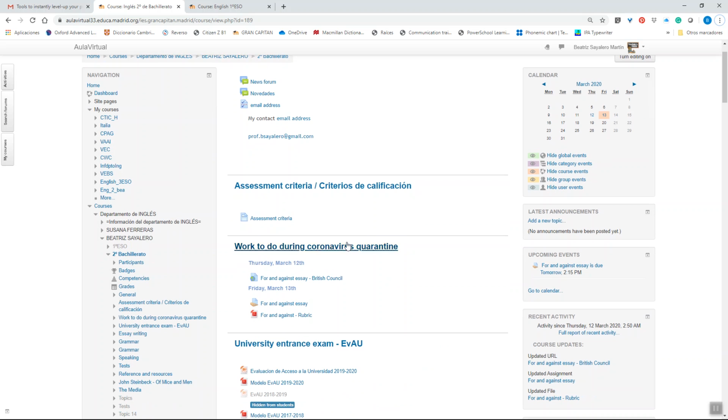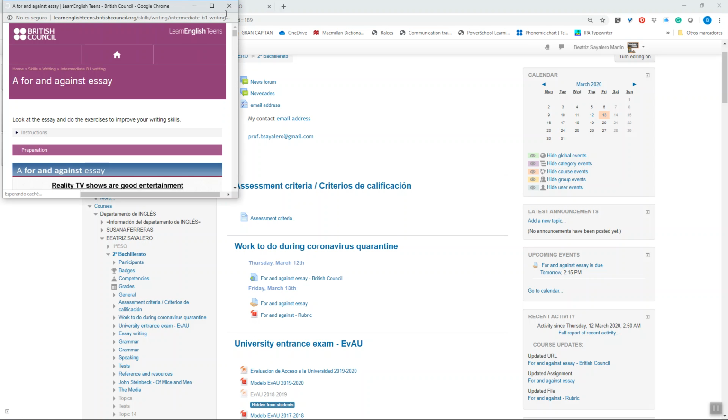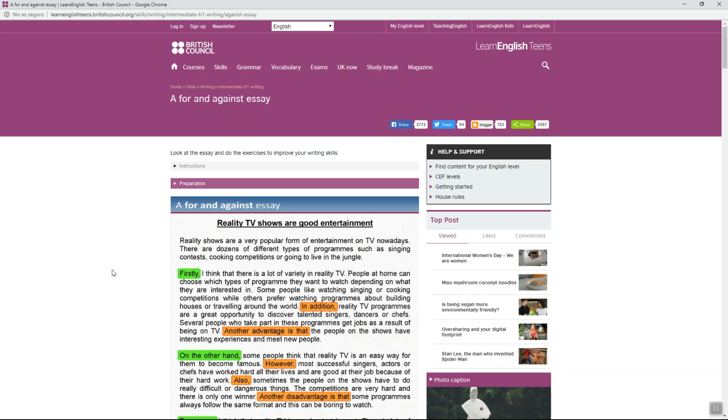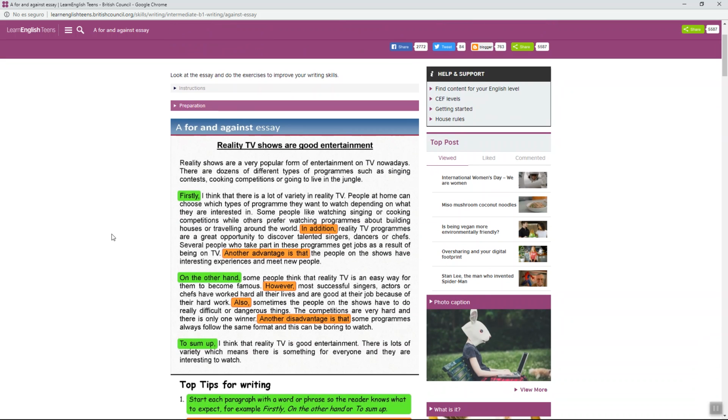Okay, I've opened this section here, work to do during coronavirus quarantine. So for today, you have to watch this video. If you haven't finished the section in the book, you have to finish that. And here is a link to another example of a for and against essay from the British Council, which I think can be useful. And the good thing is that they have highlighted the expressions that you can use.